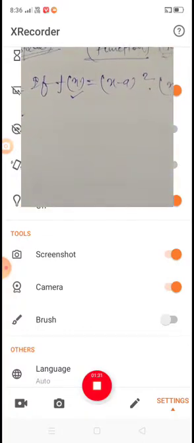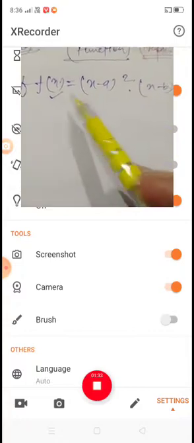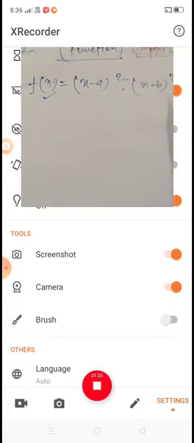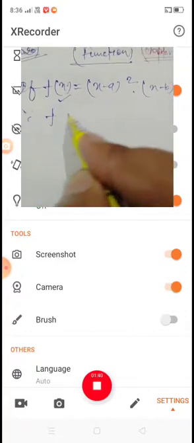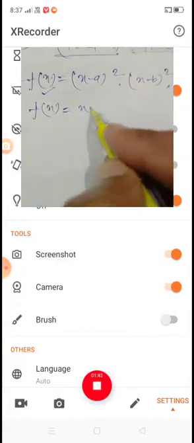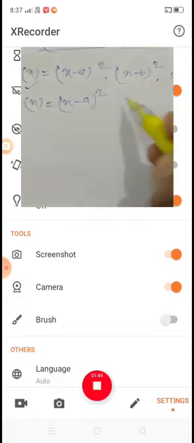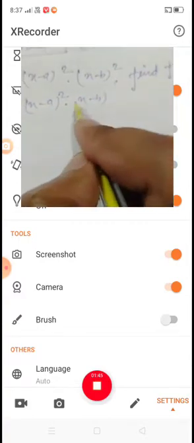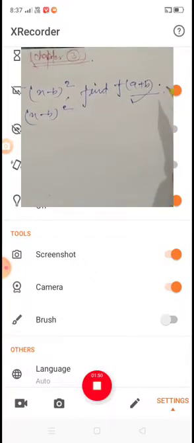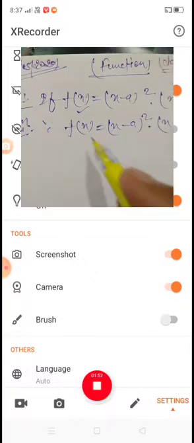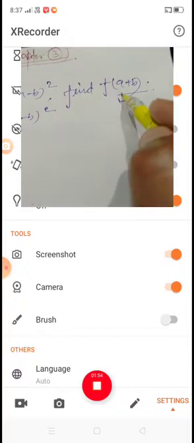In the previous class we solved this type of question, so in the same way we solve this question. First of all, write: we have f of x is equal to (x minus a) whole square into (x minus b) whole square, equation number 1. We find the value of f of a plus b, so we replace x by a plus b.